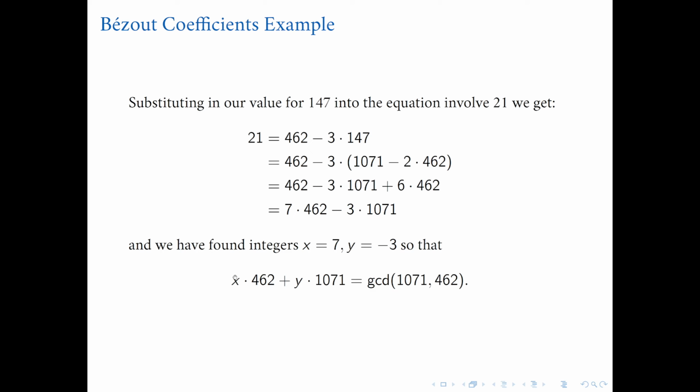We get 21 when we use those. These numbers are special to this situation, but in general, you can always do this. You can always solve this equation where 462 is A, 1071 is B, and on the right-hand side, you have GCD of A and B. And they're called Bezout coefficients.